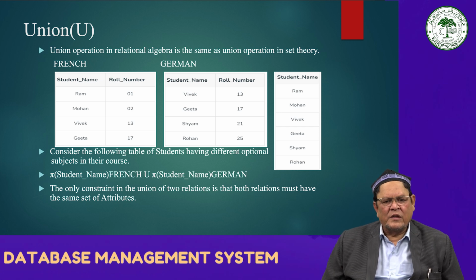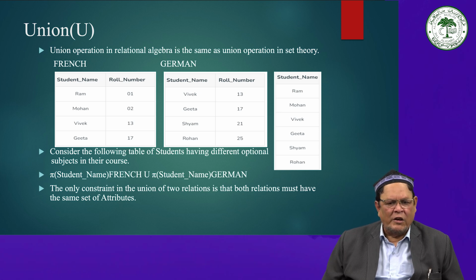Union is a fundamental operator in relational algebra used to combine tuples from two relations, resulting in a new relation that contains all unique tuples from both input relations. It enables the merging of data from multiple sources while eliminating duplicate tuples.